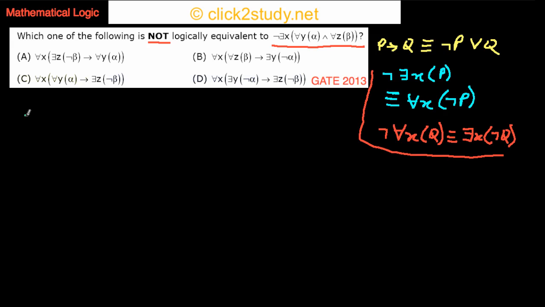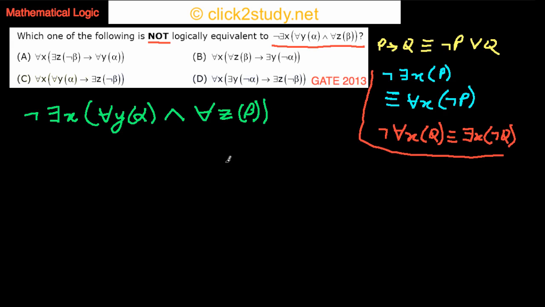So what is given to me is this negation, and then I have this there exists x, and then inside these brackets I have for all values of y, alpha, and then I have "and", and then for all values of z, beta.